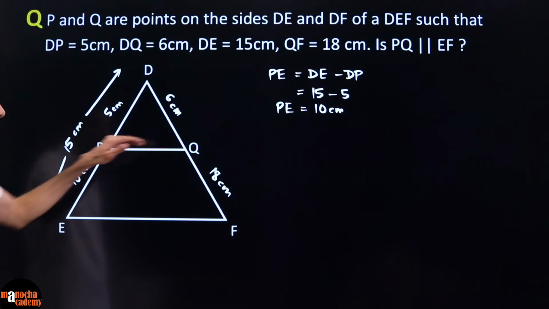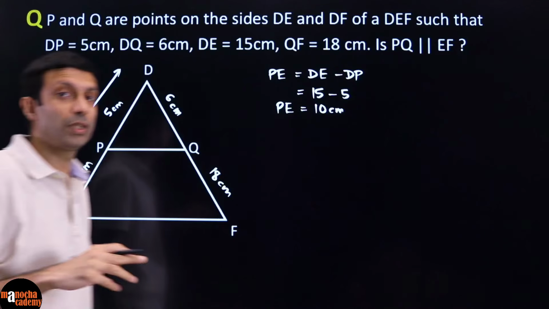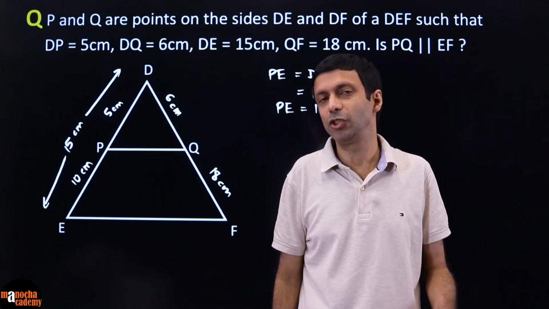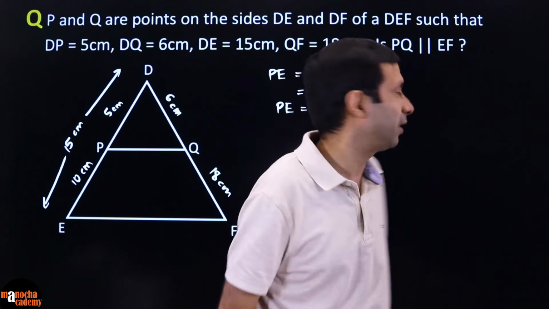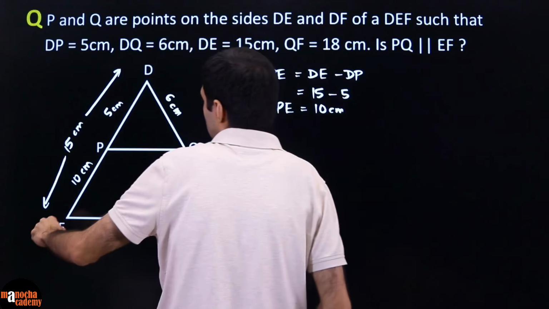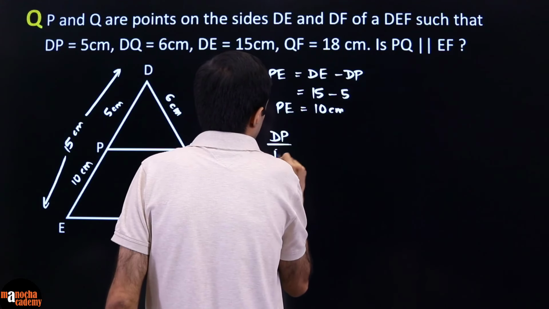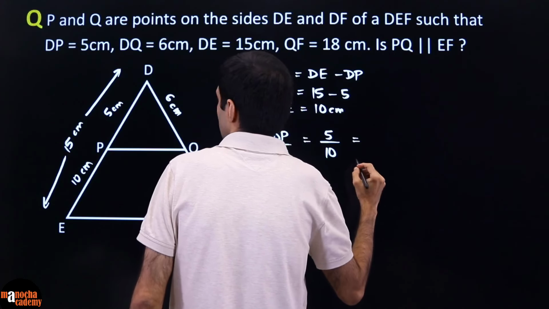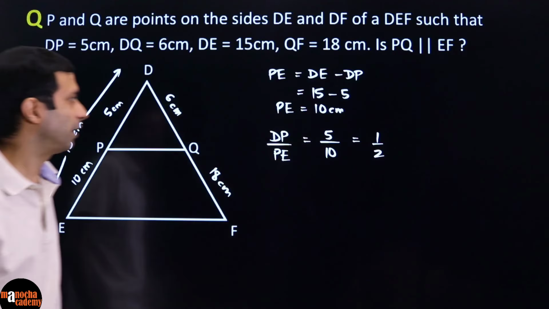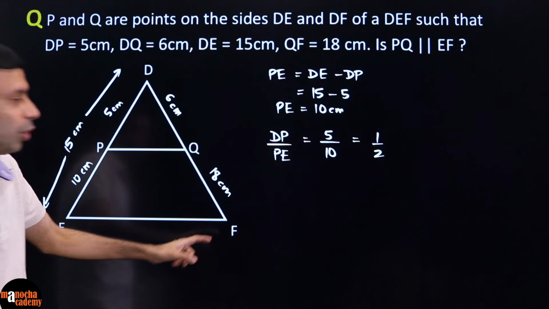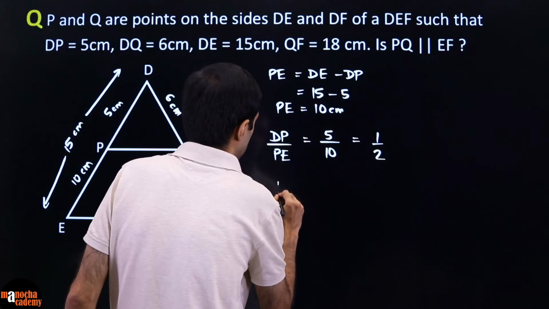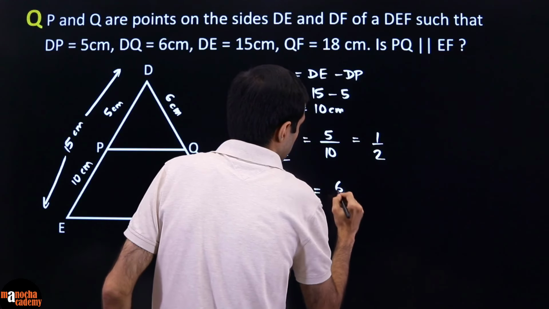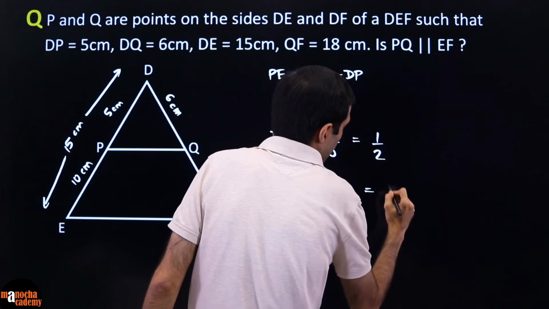Now to prove that PQ is parallel to EF, we are using the converse of Thales, right? If the sides are in equal ratio, then it's going to be parallel. So let's find the ratio. DP is to PE. DP by PE is 5 by 10, which is basically half. And the other ratio, DQ is to QF, DQ divided by QF is 6 by 18, which is nothing but 1/3.